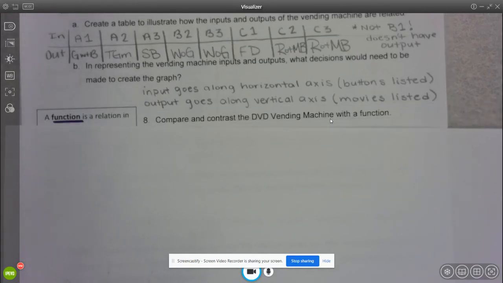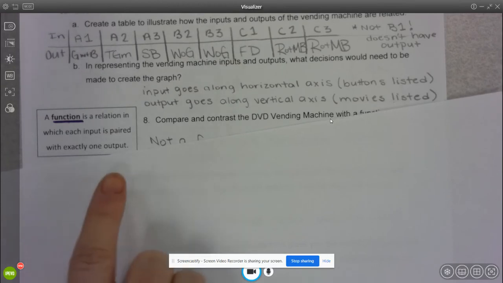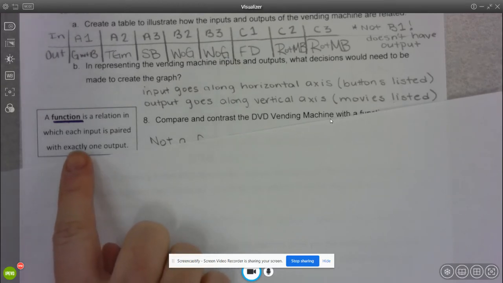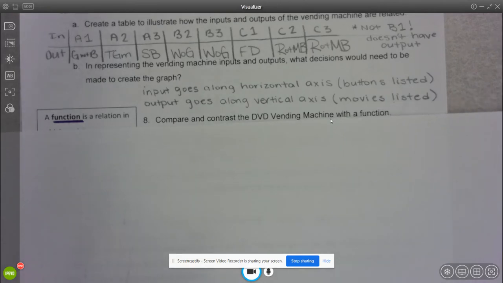So this is going to lead us to actually talking about what a function is. Here you'll see a function is when each input is paired with only one output. So if I'm talking about the vending machine, does each input get paired with one output?